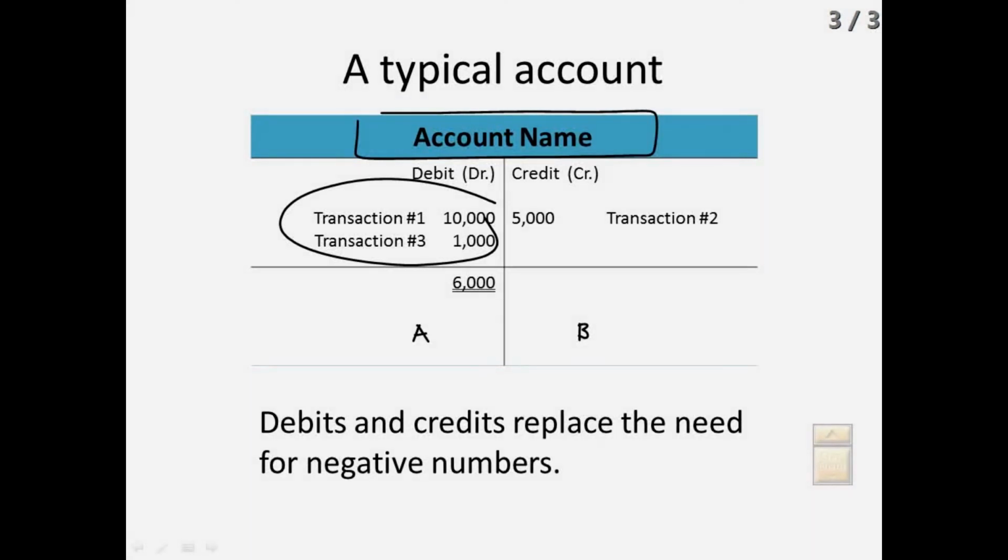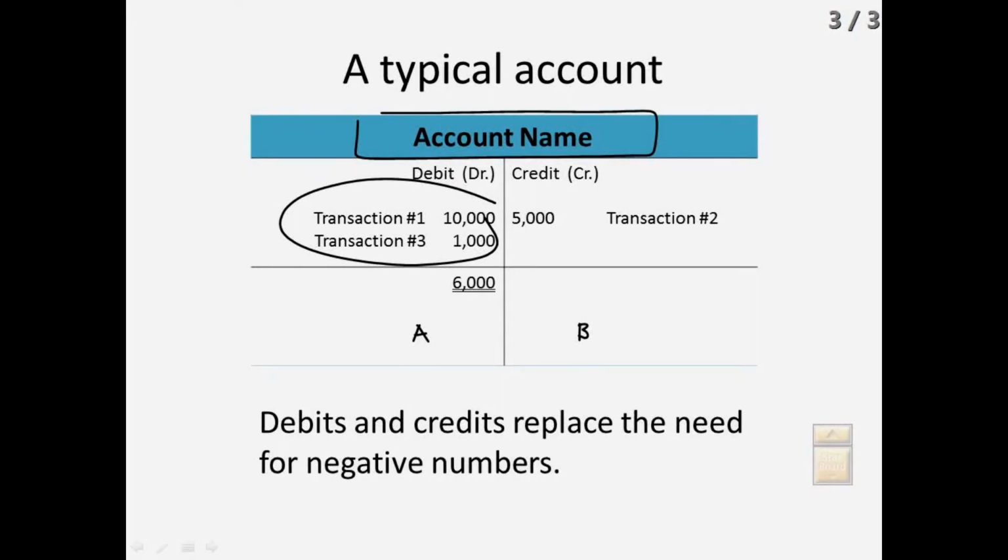Okay, but even if this weren't an asset, I would still have to add up, I would still have a debit balance, right? Because if I have more on this side than on this side, it's just the way it is. But you're right, it's likely to be an asset because it has a debit balance.